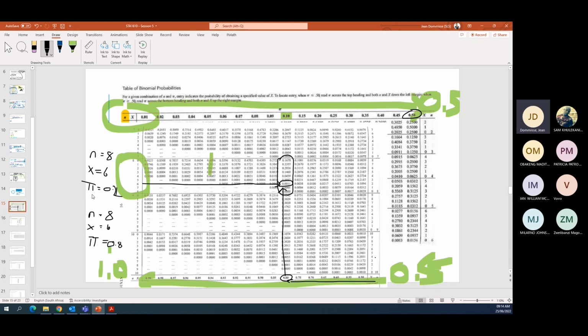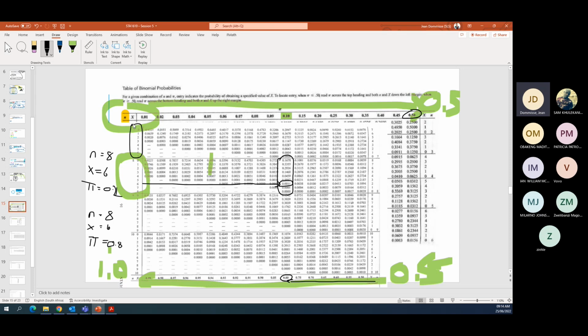The other thing that you need to look at, and that I made a mistake with here, is that when we look at the top part, we go from 0 to 7 and we go downwards.